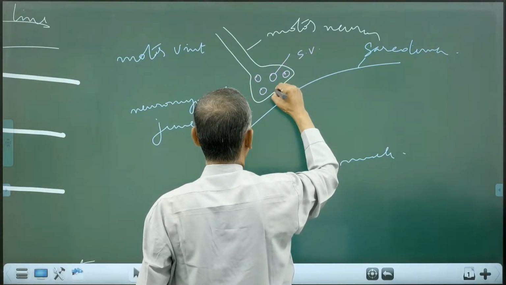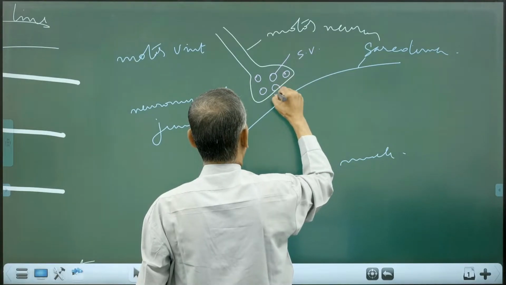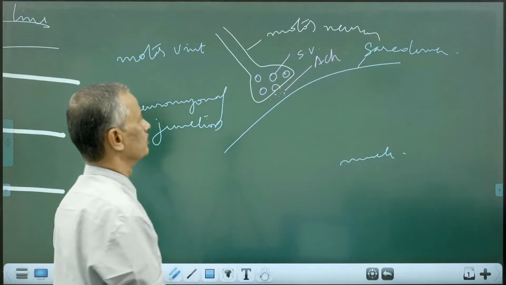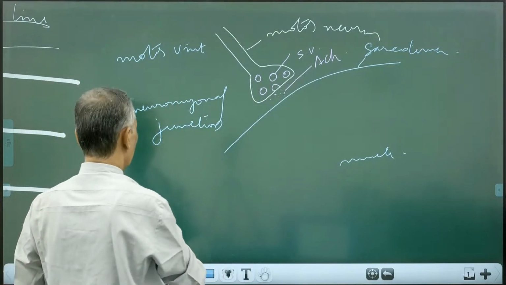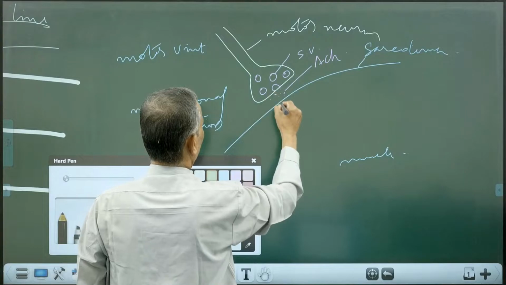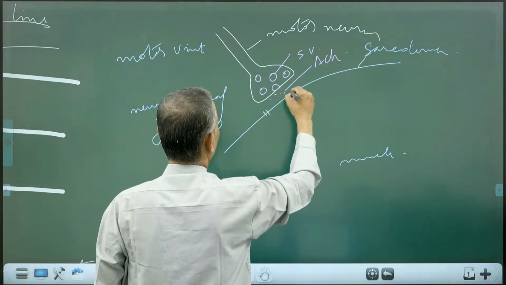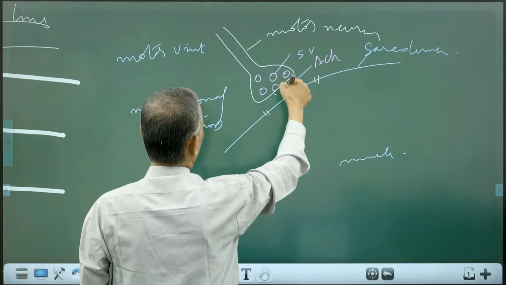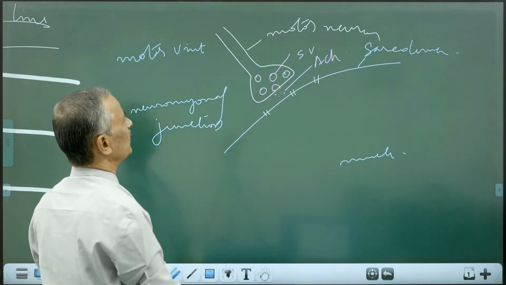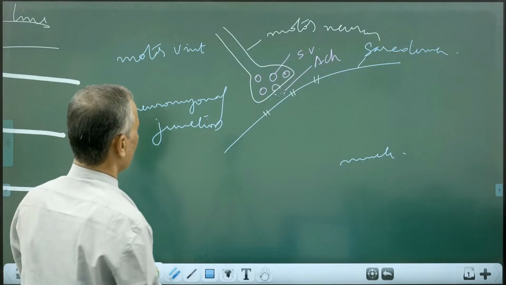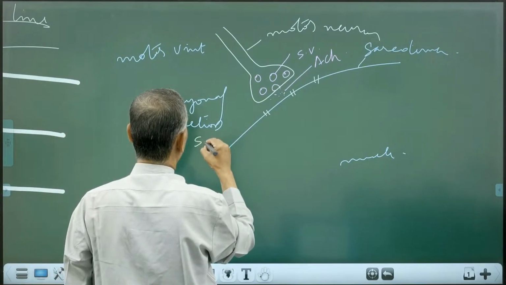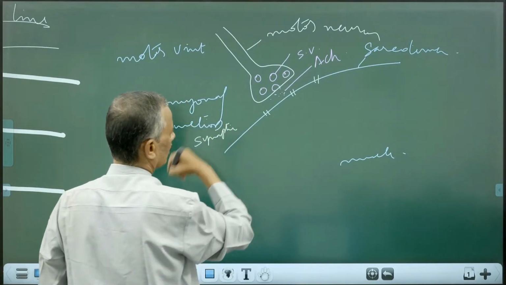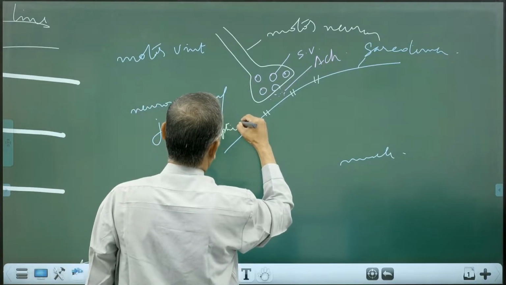These synaptic vesicles release a chemical called acetylcholine. Acetylcholine diffuses through the small gap in the neuromuscular junction. Actually, the two membranes are not in physical contact. There is a small gap called the synaptic gap.